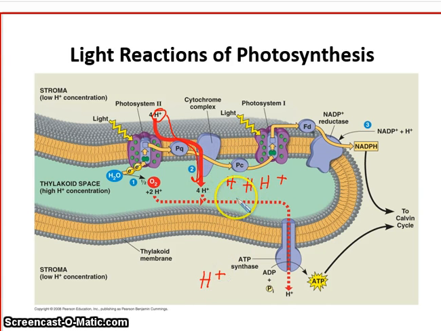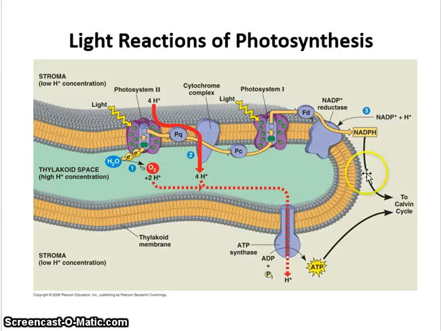These hydrogen ions want to follow the rule of going from high concentration to low concentration. Their only way out of the thylakoid space is through this protein right here, the ATP synthase, and when they go through, a complicated process spins this, and it takes advantage of those hydrogen ions going through to convert ADP into ATP.